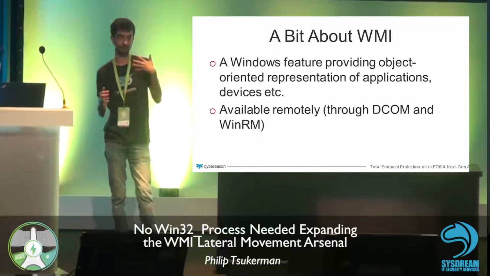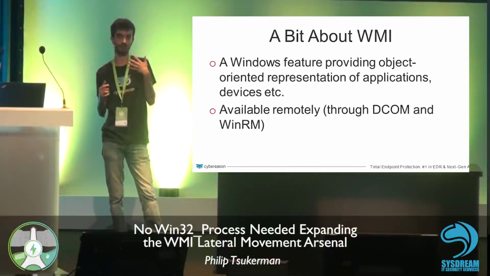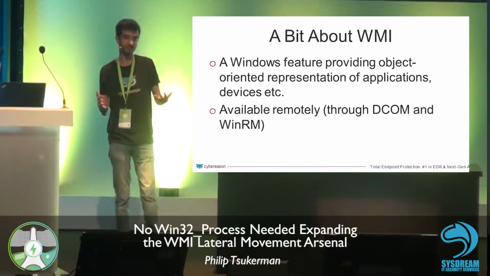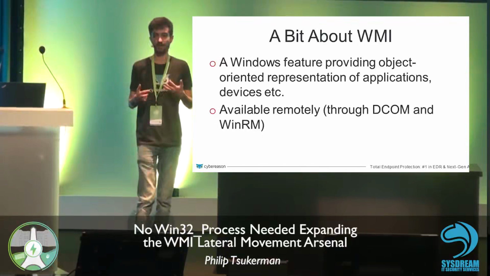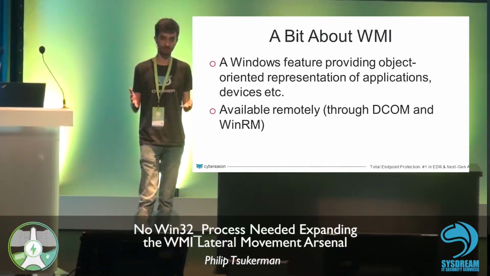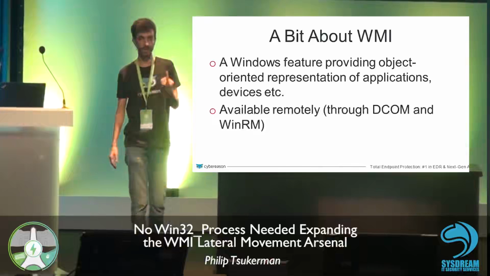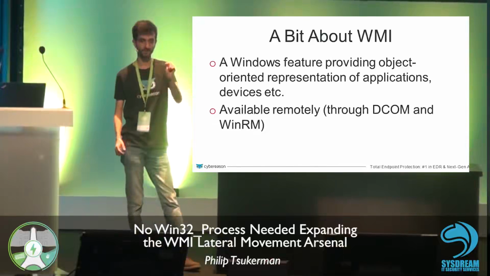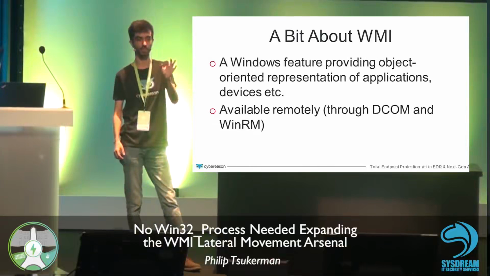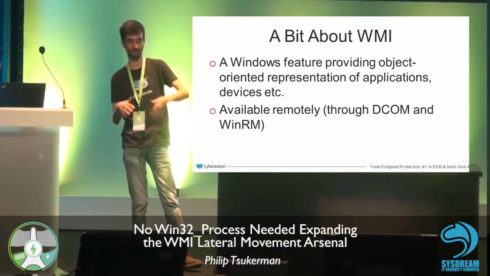If you want to obtain some information about anything that's represented by WMI, you basically pass through one single API and you say, well, can I please have the enumeration of whatever is represented by a specific class.